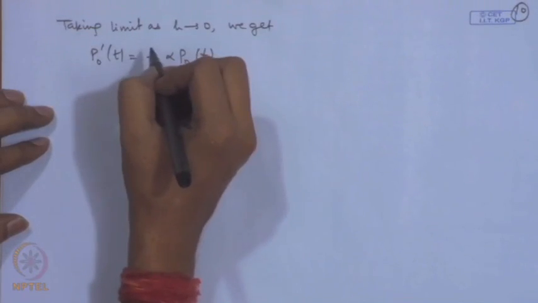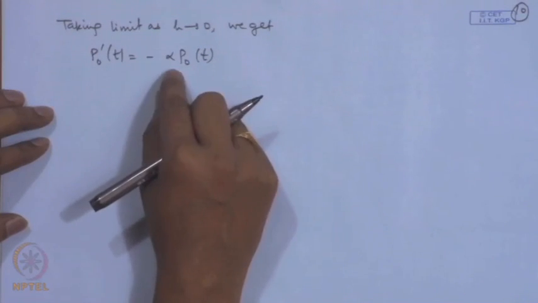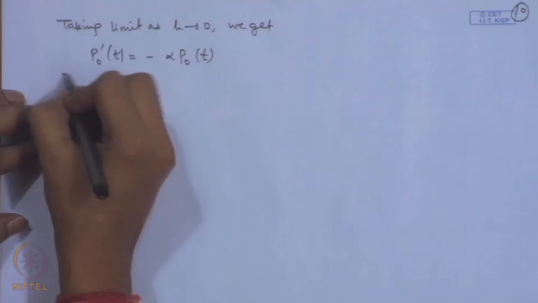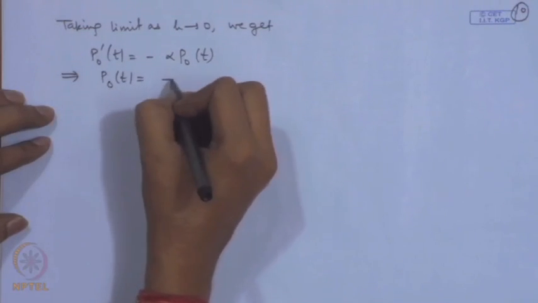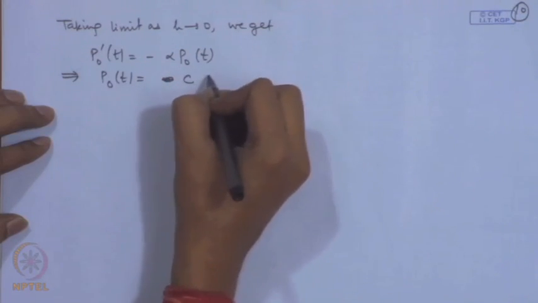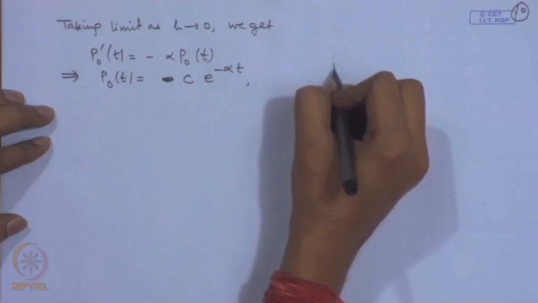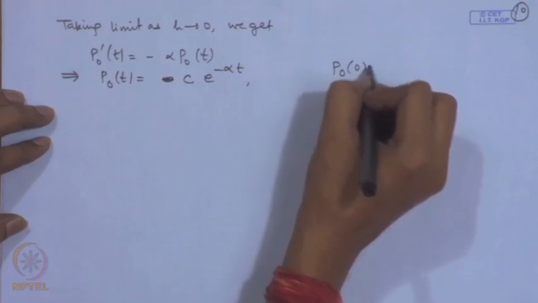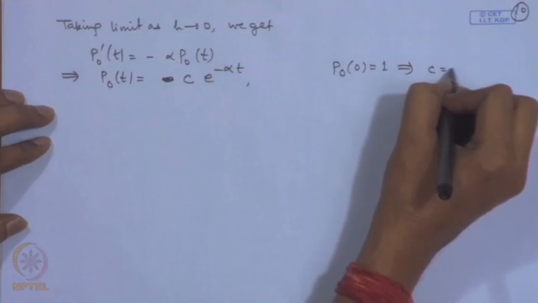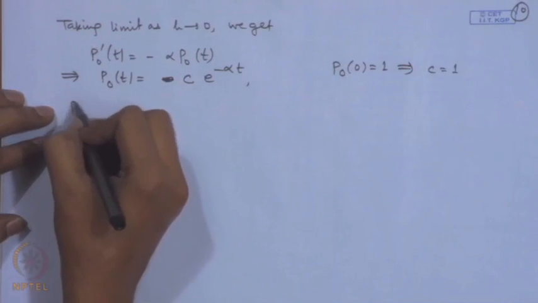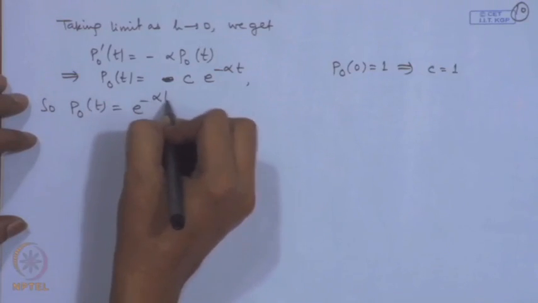This is nothing but a first order differential equation, which is just like a variable separable. So, if we simplify this, you get p0(t) is equal to a constant times e to the power minus alpha t. Now, this constant can be determined by the initial condition that p0(0) is equal to 1. So, if we substitute this here, you get c is equal to 1. So, the solution is p0(t) is equal to e to the power minus alpha t.